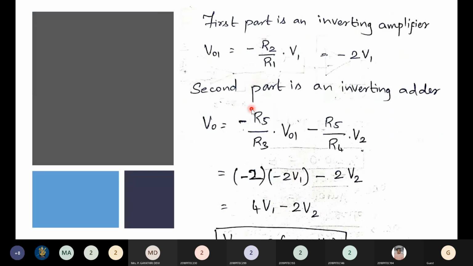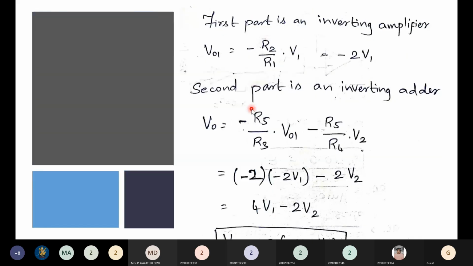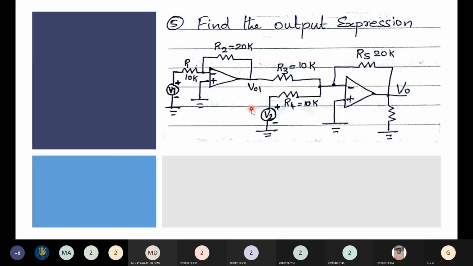Right? So your output will be, this is 20k by 10k.